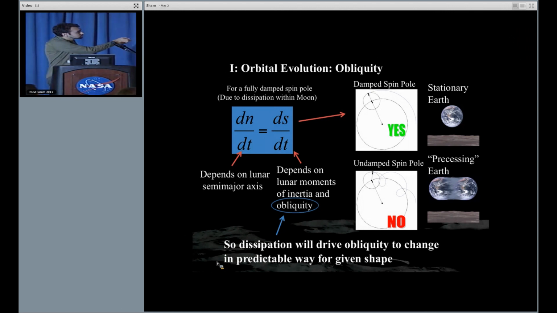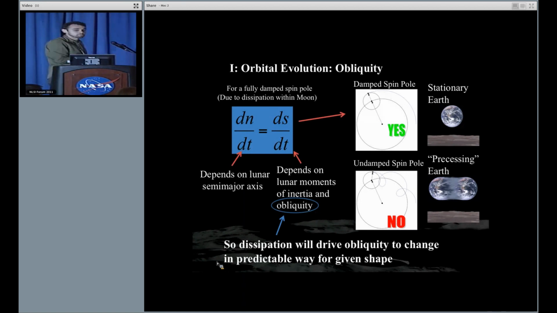And what that basically comes down to is these two, it's actually the angular periods, not the angular rates as I write here, have to match in order for the moon to be in this Cassini state. And dissipation in the moon will always drive it into this state. So this here depends on how far you are away from the Earth.